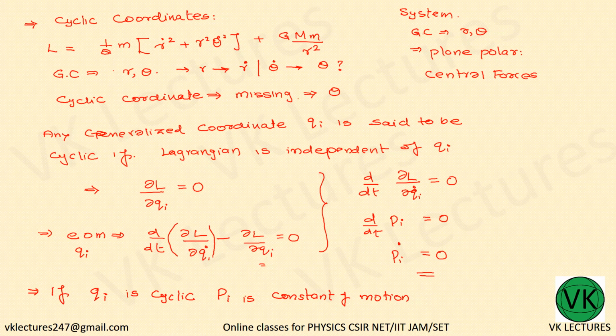Momentum does not change with respect to time, which means the force is 0, since the rate of change of momentum is force. So if pi does not change, there is no change in momentum, which means there is no force. This is called momentum being conserved. Pi is conserved. So if qi is cyclic, pi is a conserved quantity.